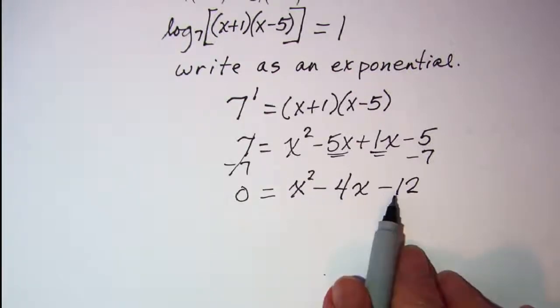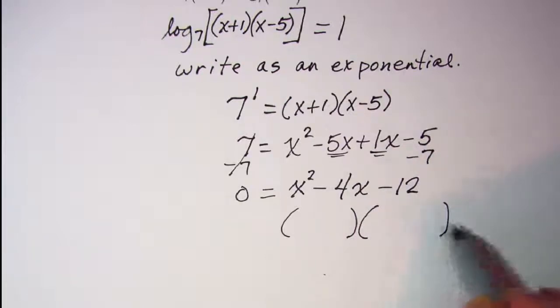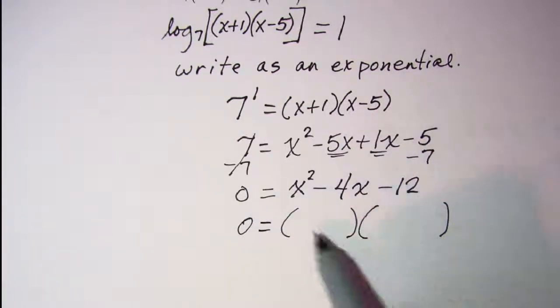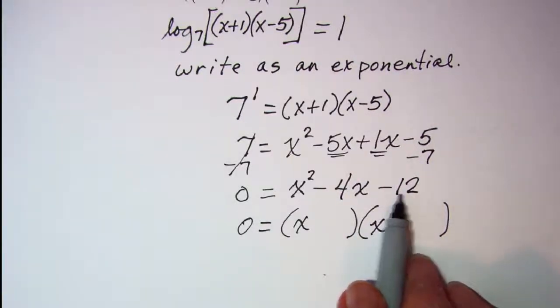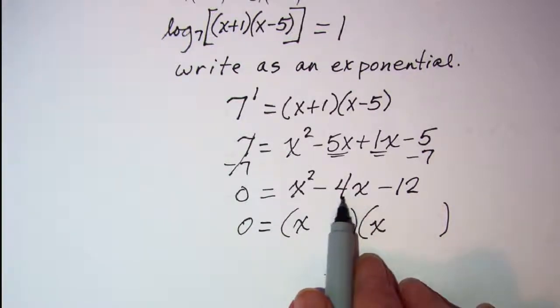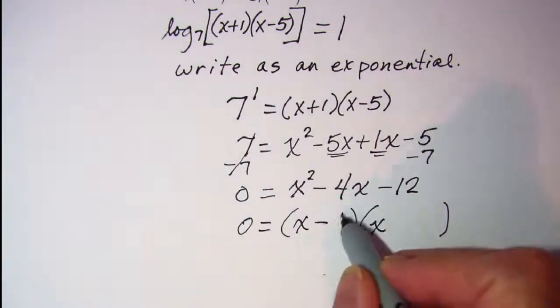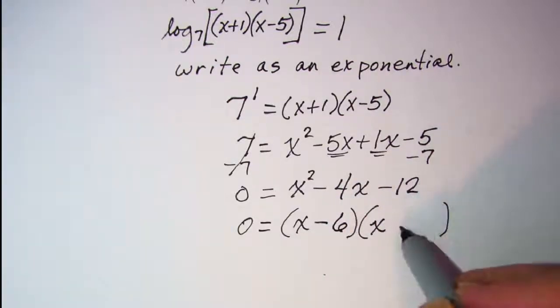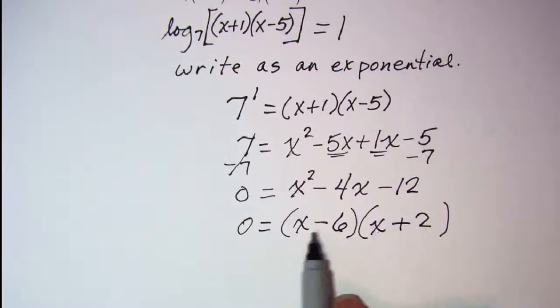I think this trinomial factors. So we need x in the first spots. We need two terms that multiply to give me a negative 12 and add to give me a negative 4. So I think a negative 6 and a positive 2, because negative 6x and a positive 2x is negative 4x.